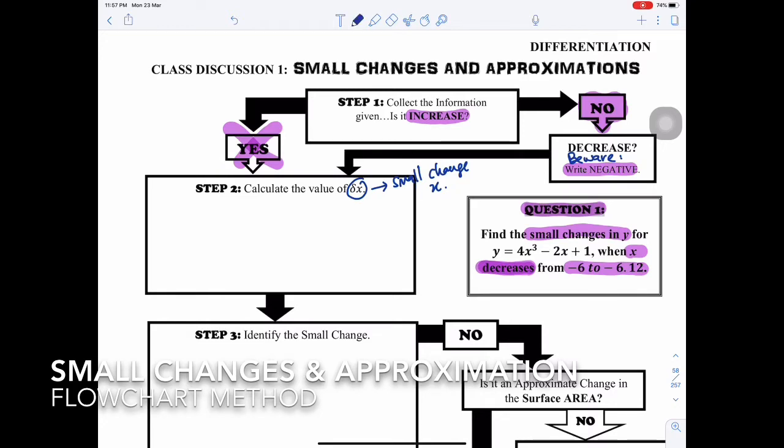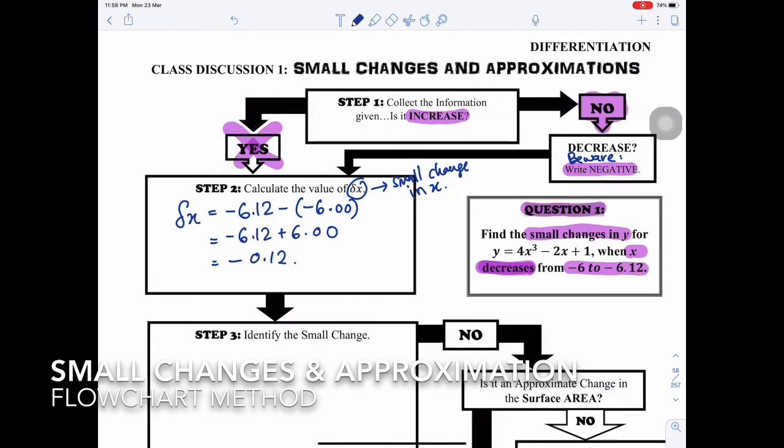So delta x equals negative 6.12 minus negative 6.00. So you get negative 6.12 plus 6.00, so you get negative 0.12. Okay, this is the value of delta x.